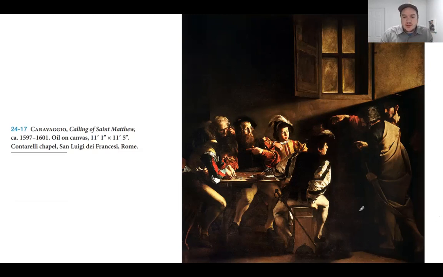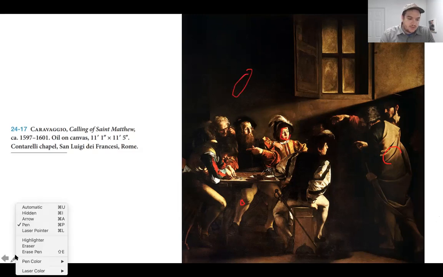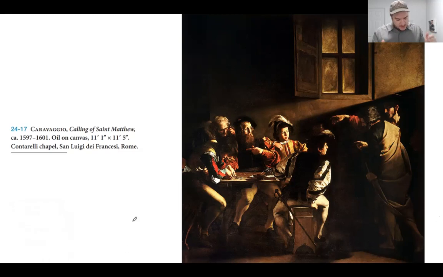There's only really shadow and highlight. There's not much midtone. I mean, there's a little bit right here, and a little bit here. But most of this is blatant highlights and darkness. That was really revolutionary stuff at the time. So again, it heightened that drama, which made it very Baroque. And he's picking the most dramatic part of the story, the moment where St. Matthew gets chosen.